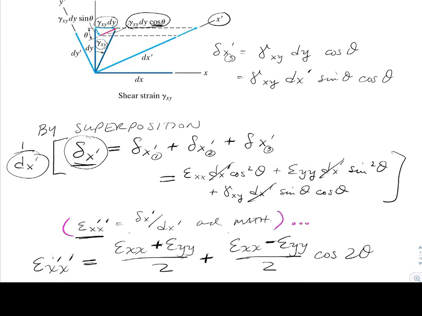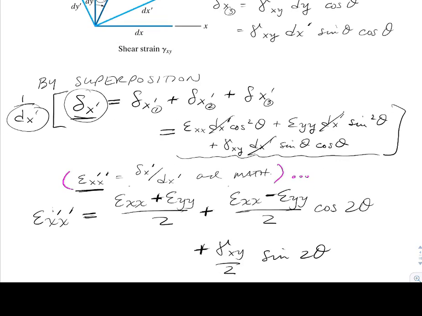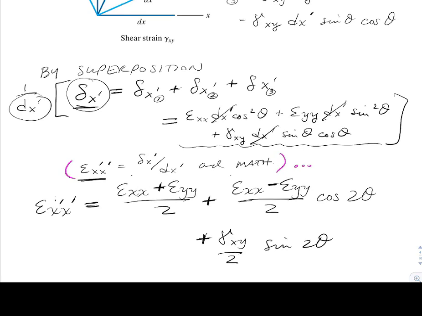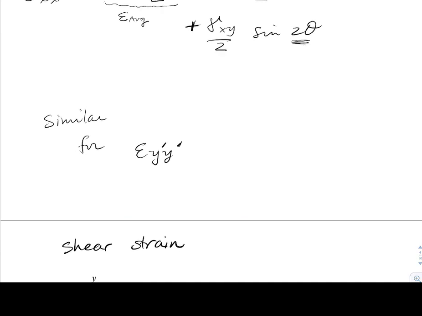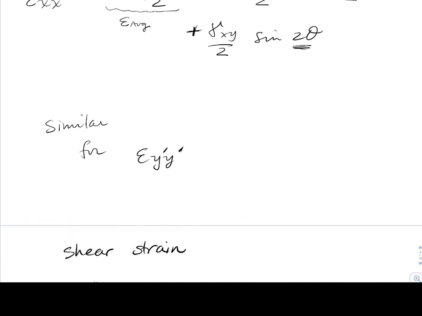And you'll end up seeing this equation again a little bit later, but we'll do a little double angles, and we'll end up with an equation that really looks exactly the same as the stress transformation equation. So you see elements of twice the angle. You see, again, we'll show this more on Mohr's circle. This is going to be epsilon average, the two normal strains divided by 2. And so we'd have a similar procedure to come up with the equation for epsilon y prime y prime.